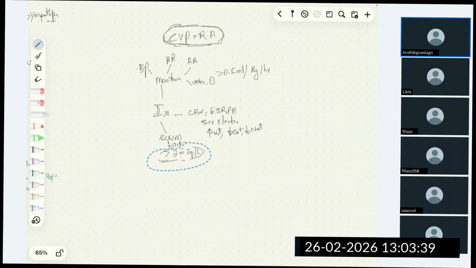As we treat the patient and the patient gets better, the serum lactate level will come to less than 2 milliequivalent per liter. And also we can do renal function tests. Why? Because we can see acute renal failure in case of hypovolemic shock and other kinds of shock.